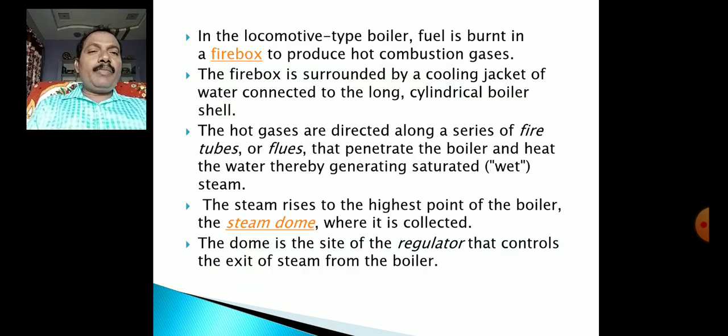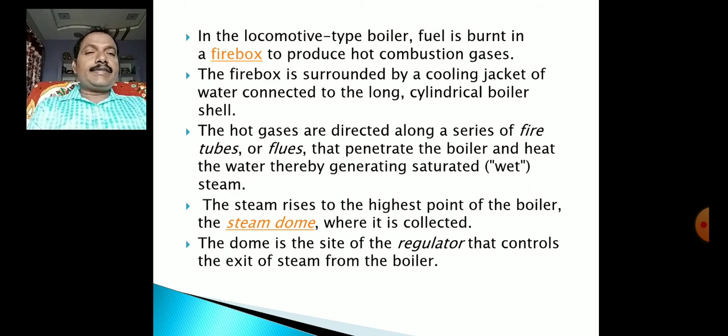In the locomotive type boiler, fuel is burnt in a firebox to produce hot combustion gases. The firebox is surrounded by a cooling jacket of water connected to the long cylindrical boiler shell.